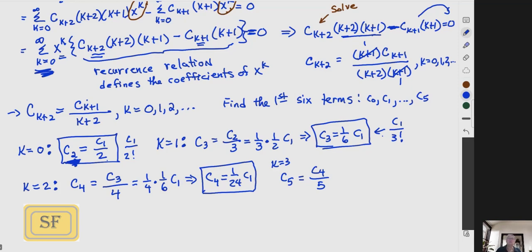So you can see a pattern that's showing up. Anyway, we're going to write this out not as a single summation, but term by term. We're just going to list the first 6 terms. C sub 5 is 1/5 times C sub 4. C sub 4 is 1 over 24 C sub 1. So that gives me 1 over 120 C sub 1 equals C sub 5.